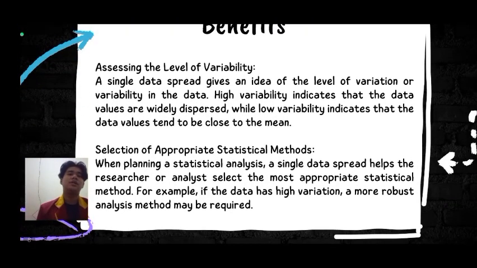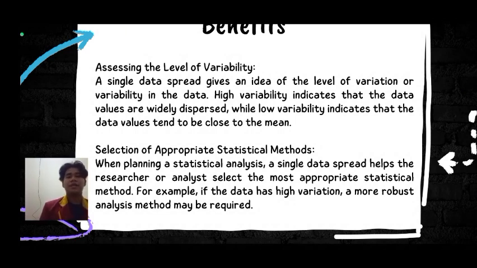And then assessing the level of variability. A single data spread gives an idea of the level of variation or variability in the data. High variability indicates that the data values are widely dispersed, while low variability indicates that the data values tend to be close to the mean.